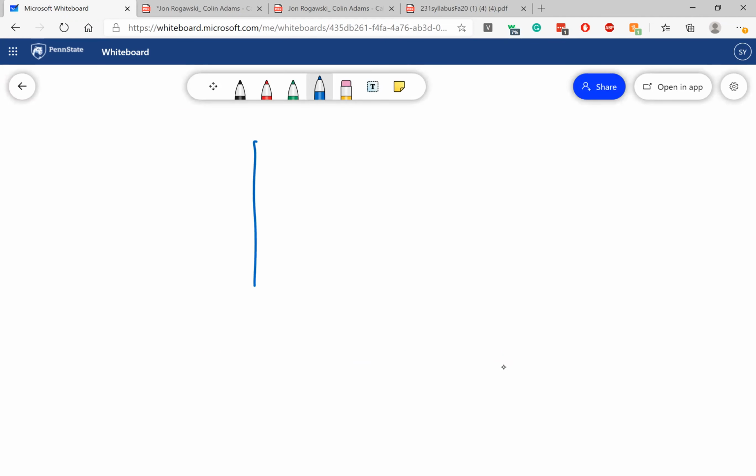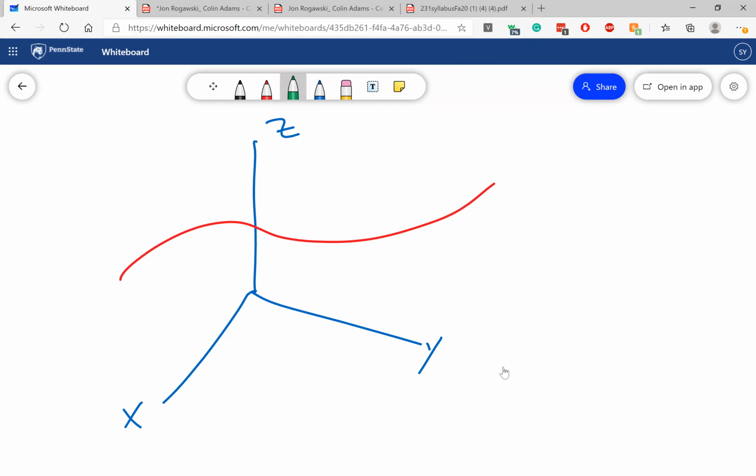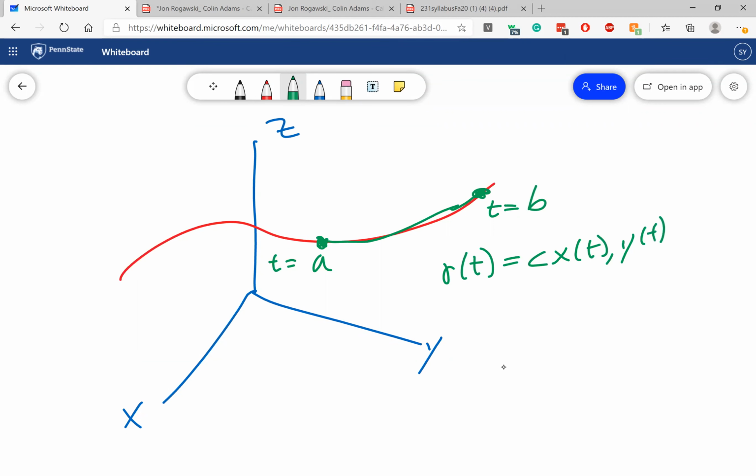If we are in three-dimensional space and we have a curve, we would like to be able to find the length from some point A on the curve parameterized, so t is equal to a, to some other point on the curve, t is equal to b, where again this curve is r of t is equal to x of t, y of t, z of t. So we would like to be able to find this arc length.